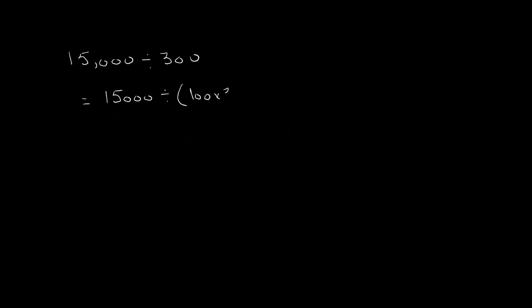By using the old laws that we have, this can be written as 15,000 divided by 100, and then we divide this result by 3. When you divide by 100, these two zeros get removed, or you can think of these as 150 hundreds, and when you divide 150 hundreds among 100 people, each person will get 150.